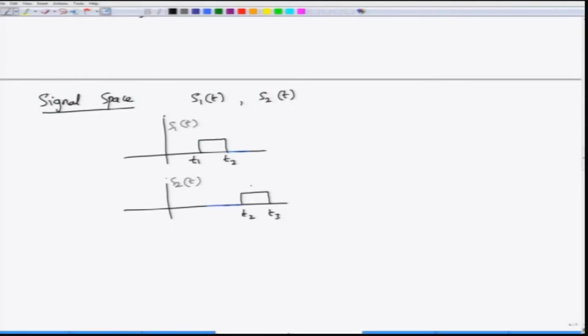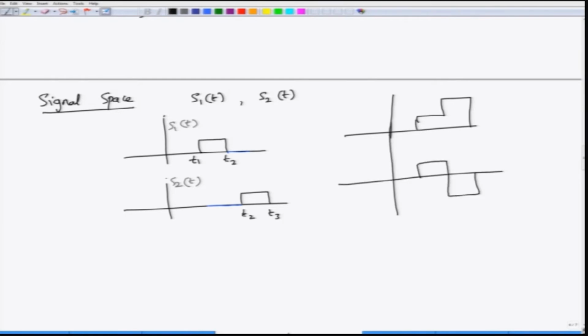So, you consider two signals S1 of t and S2 of t in this particular fashion, and then I can add them to form these signals. I can add them to form this signal, and this signal, and this signal. These are all different signals S3 of t, S4 of t and S5 of t, which I have obtained by simply adding S1 of t and S2 of t.